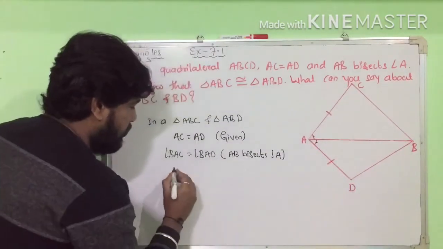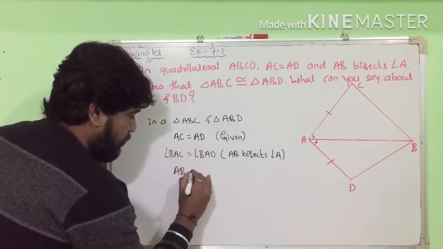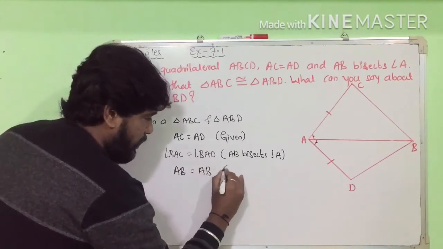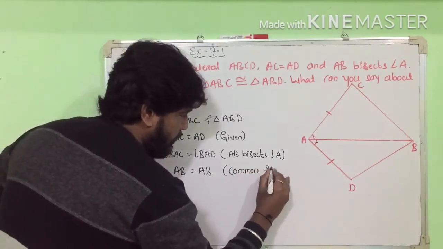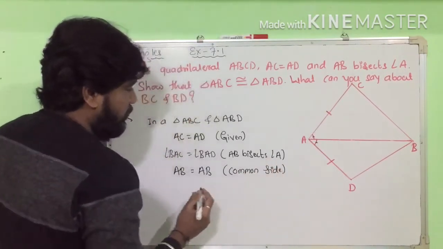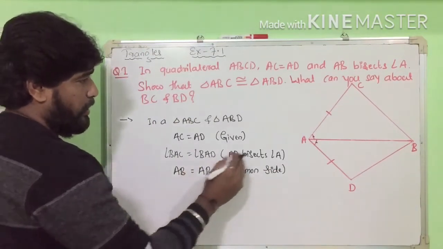So AB is equal to AB. It is a common side. So in these two triangles, these three are equal.